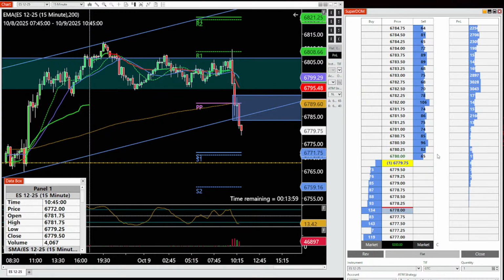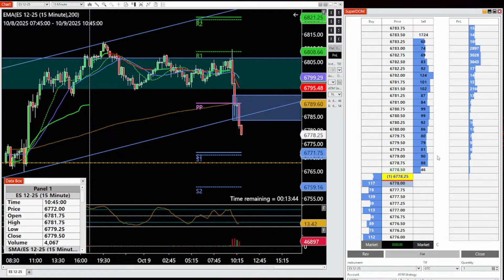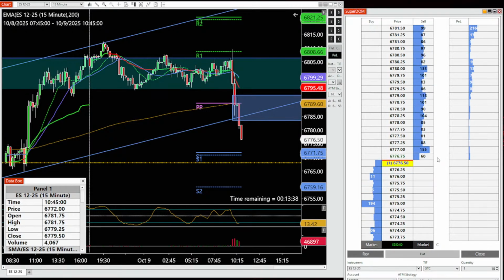Getting the bounce here. Getting the bounce over 80. Oh, we got the bounce at that 77. I'm gonna miss this trade. 85 to 75 was the trade, but I just didn't want to get spiked.